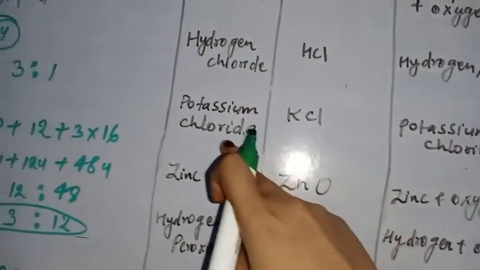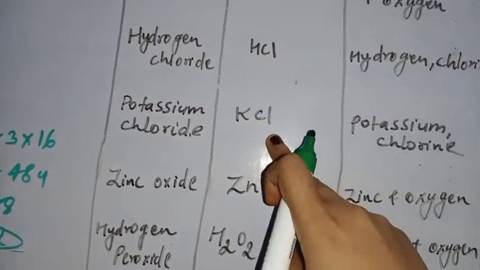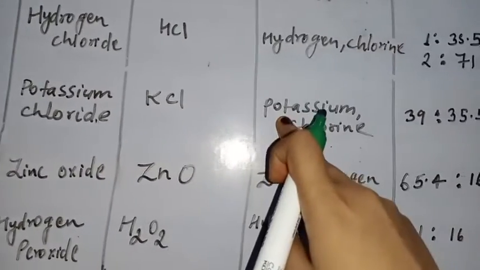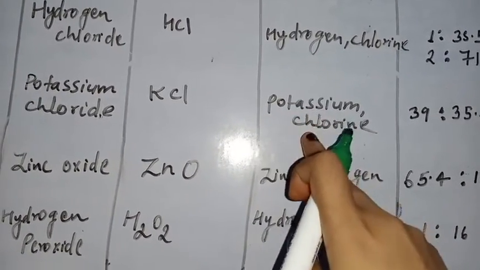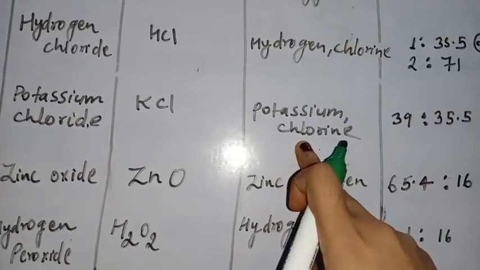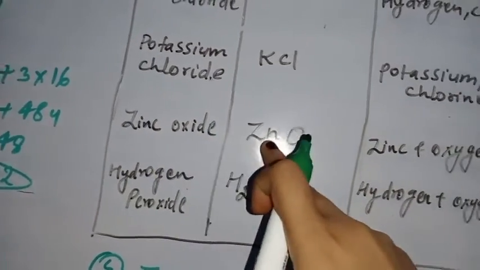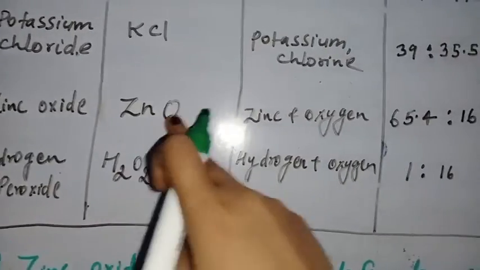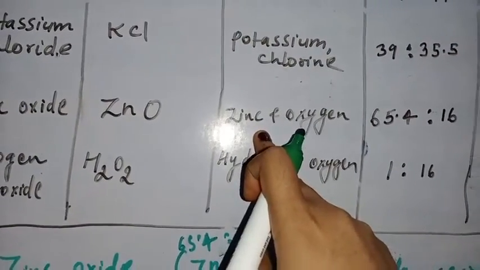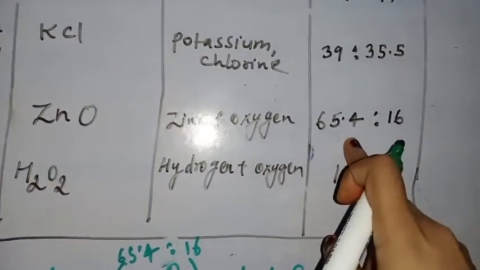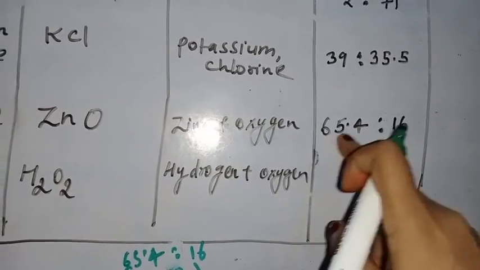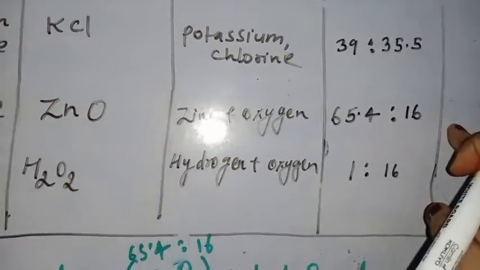Then potassium chloride, KCl is its chemical formula. Potassium and chlorine are the combining elements, and they are in the ratio of 39:35.5 by mass. Then zinc oxide chemical formula is ZnO, and combining elements are zinc and oxygen, in the ratio 65.4:16 by mass.